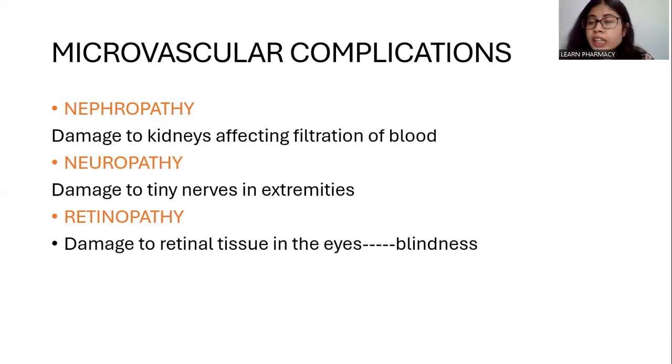Neuropathy means damage to tiny nerves in the extremities, that are your legs. Retinopathy means damage to retinal tissue in the eyes, which can cause blindness. If your eyes are affected, blindness can be a result of diabetic retinopathy, which is due to your diabetes.